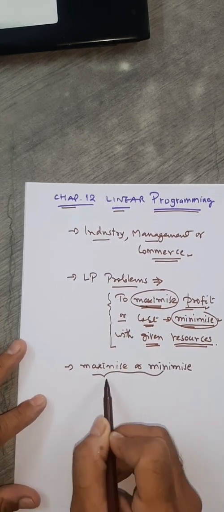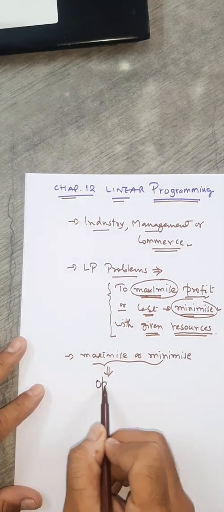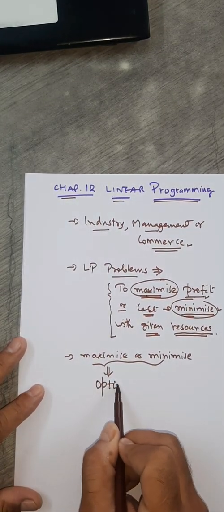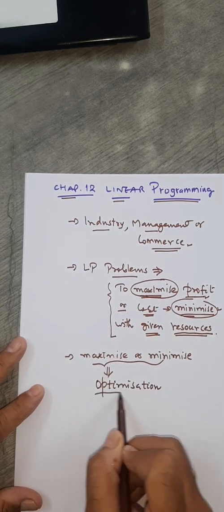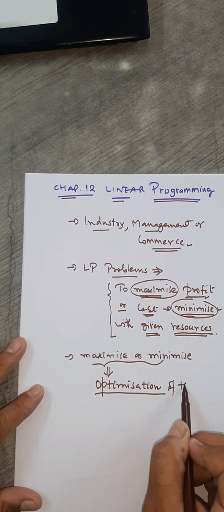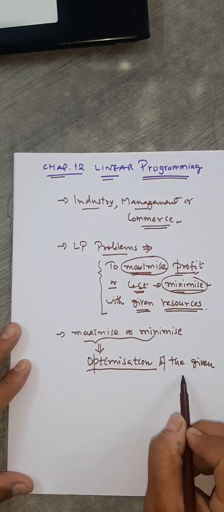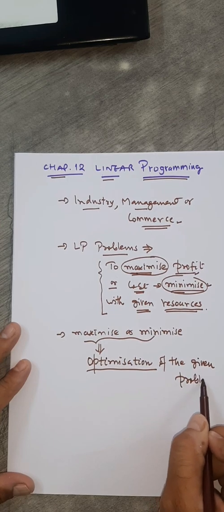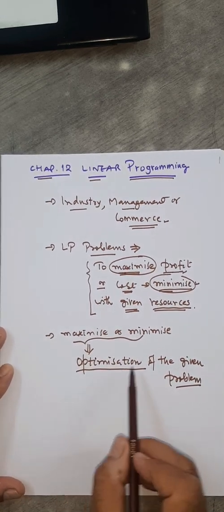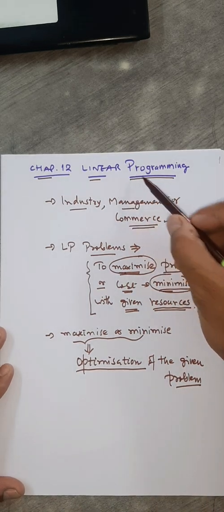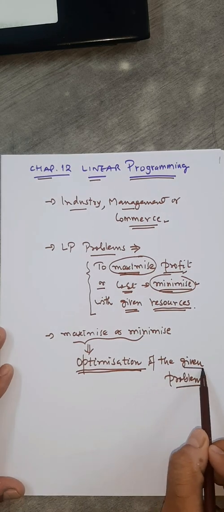In general, this is called optimization of the given problem. So in general, here we can say that linear programming is used to optimize the given problem.